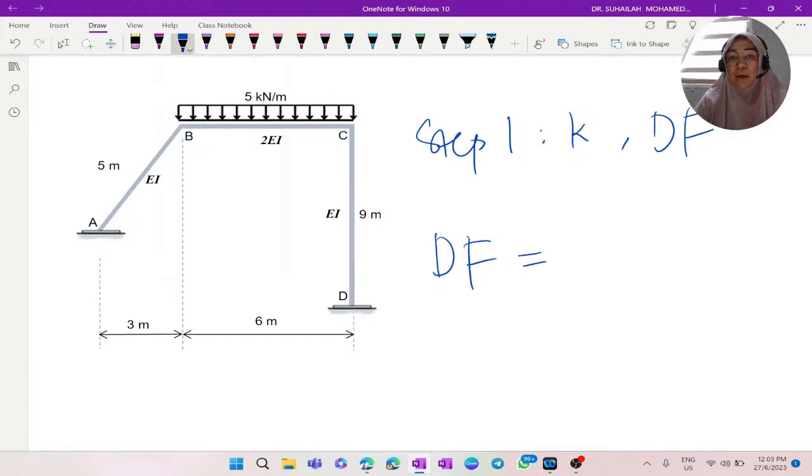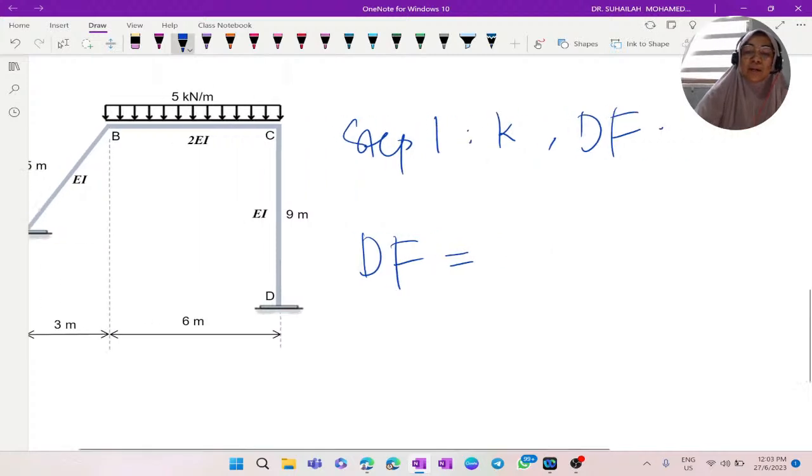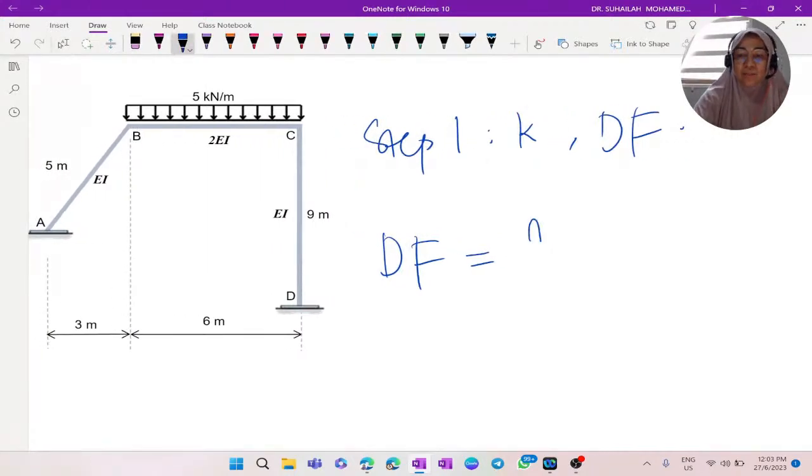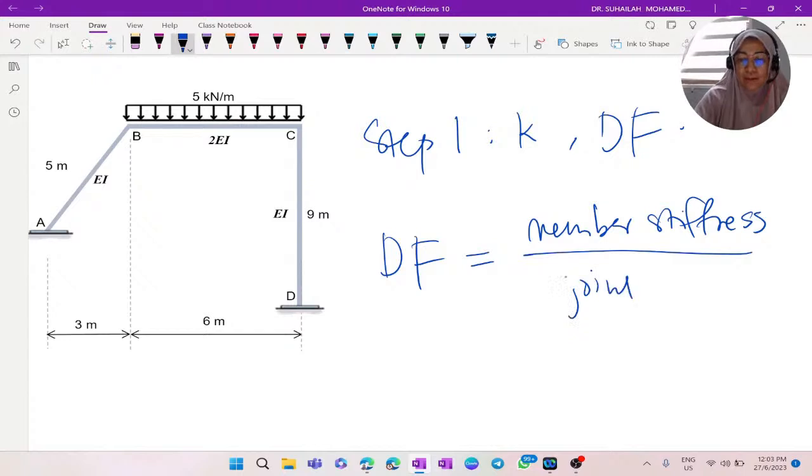We can calculate it using a simple formula: the distribution factor is member stiffness divided by joint stiffness.